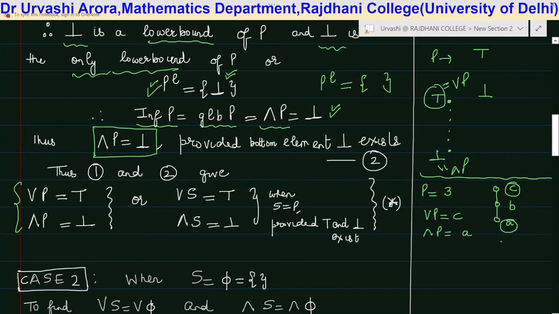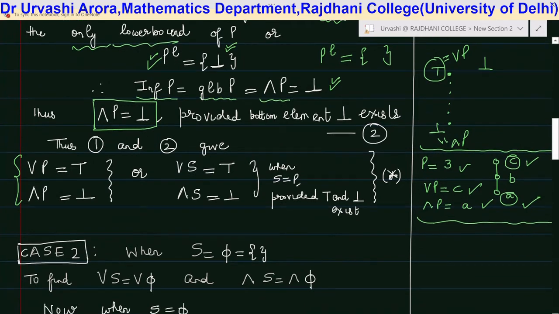So immediately by looking at the Hasse diagram, we can find out whether the PO set P will have a join or not, or it will have a meet or not. So if the PO set P has a top element, as in this case, and it has a bottom element, as in this case, immediately you can conclude that the join of P will exist and the meet of P will exist. So this was one example.